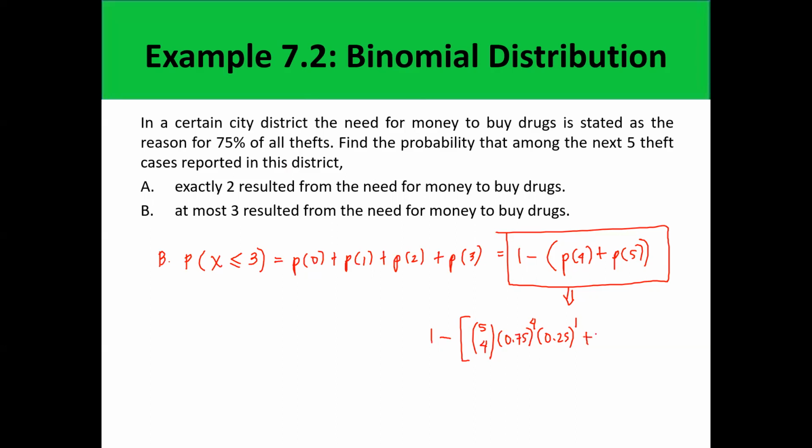And then we add the probability that x equals 5, which is 5 combination 5 times 0.75 raised to 5, and then times 0.25 raised to 5 minus 5, which is 0. So this solution will give us the probability that x is less than or equal to 3, and this is equal to 0.3672.